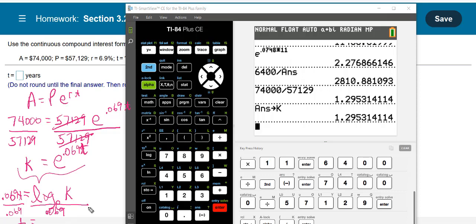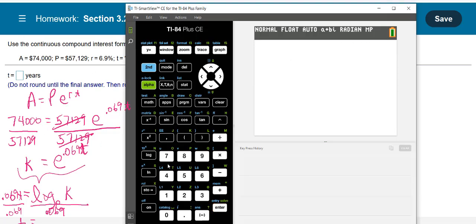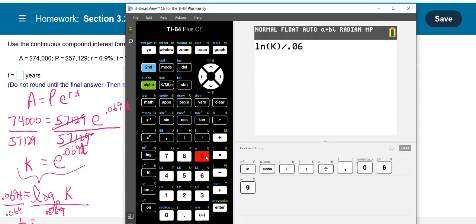So on my calculator, I'm going to do the log base e of the K that I just stored. Log base e is the ln. So I'm going to do the ln of the number I stored, which is K, and I'm going to divide that by the 0.069.